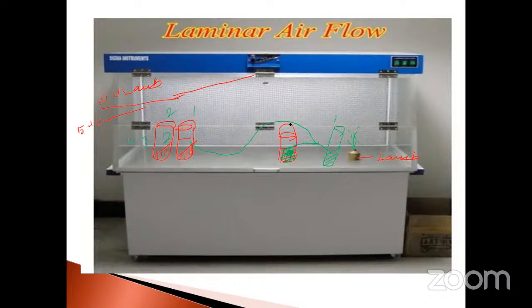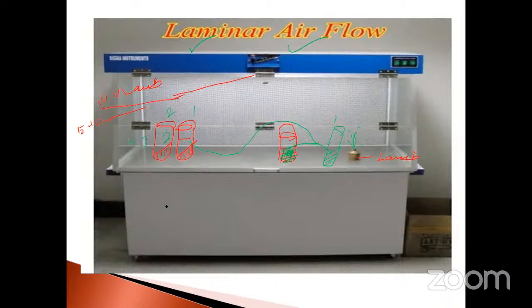Okay, media, this is the laminar airflow chamber. Sometimes they may ask the question: in the tissue culture method, which instruments or which chamber are we using? The laminar airflow chamber. What is the meaning of laminar airflow chamber? That is very, very important, my dear students. After that, what happened?